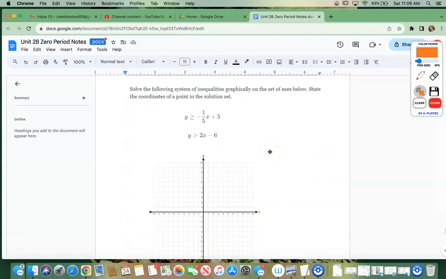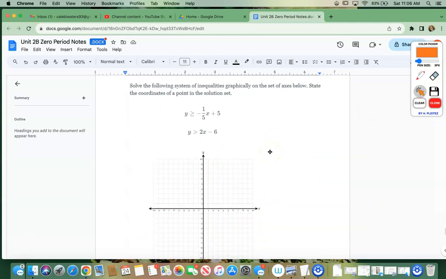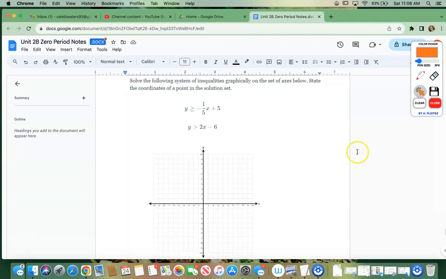All right. So this one says solve the following system of inequalities graphically on the set of axes below. State the coordinates of a point in the solution set. Okay, so I'm going to do this first one in our orange that we have.